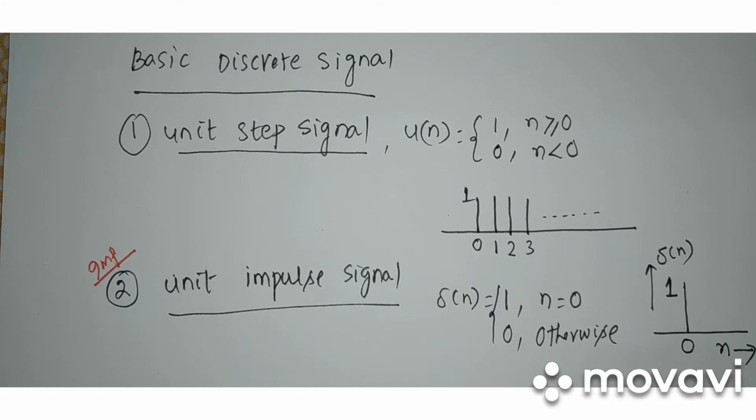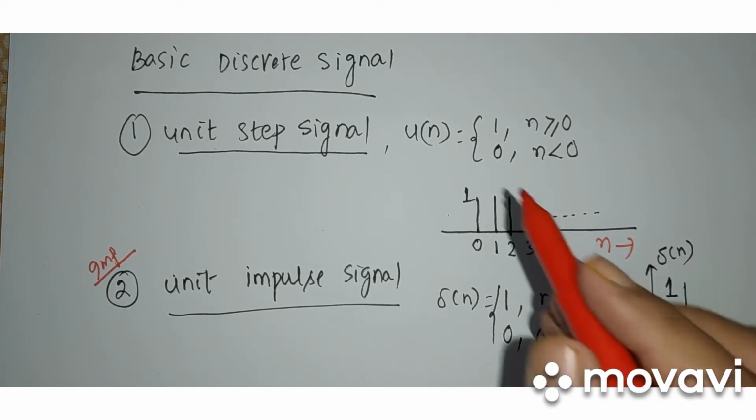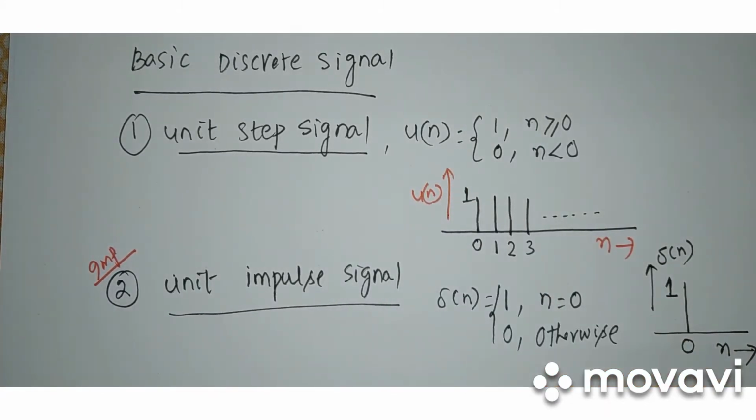Clear? Similar here, this is your n, this is u of n. This is very important. This is your unit impulse signal. Del of n equals to 1 for n equals 0, 0 otherwise.